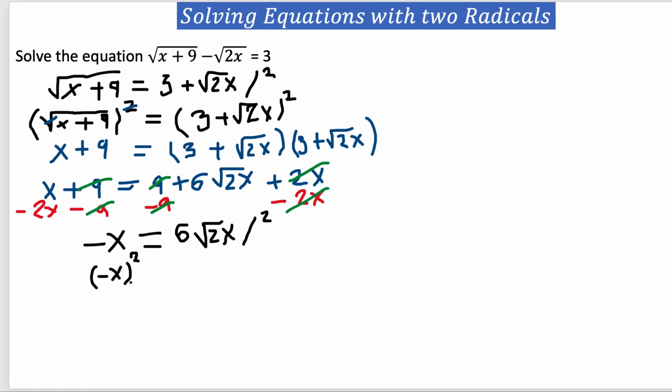So I have minus x squared, and here I have 6 times square root of 2x, squared. If I'm squaring minus x, it's going to be just x squared, because minus x times minus x is x squared. So this is going to be x squared.